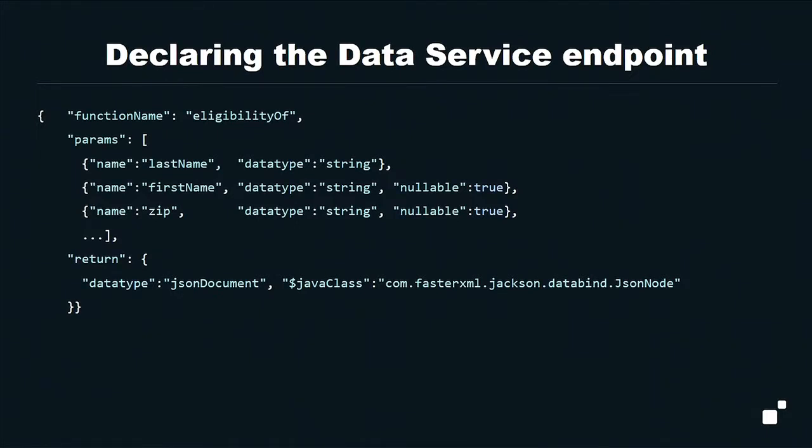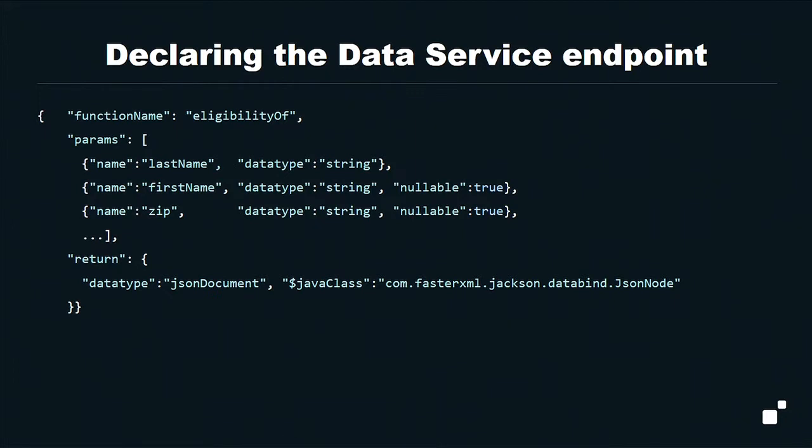And you can see for our eligibility checker, it has the eligibility of name identifying our new endpoint. It has parameters for the inputs for our data service and a return value for the response from our data service. The parameters are named and they have data types.